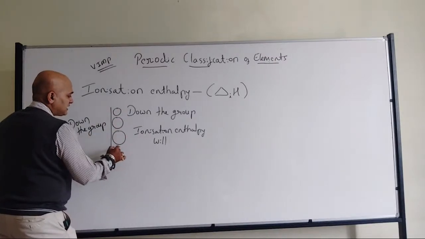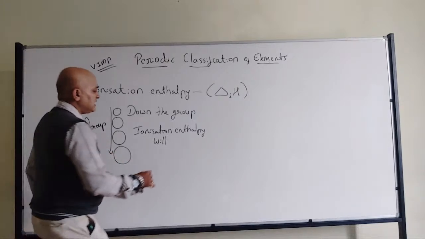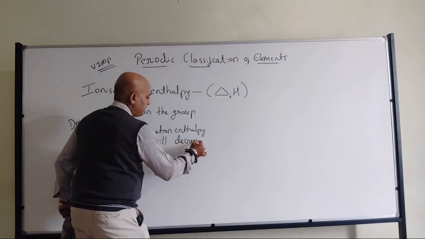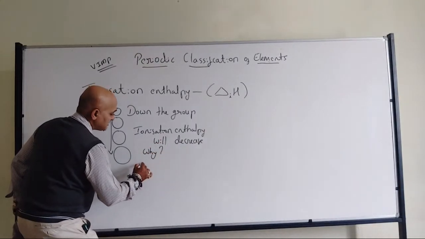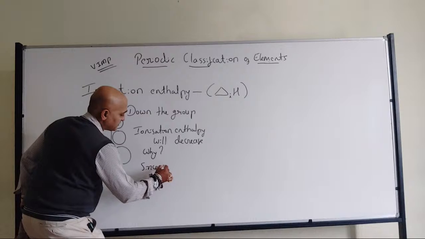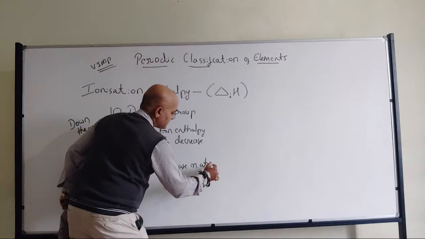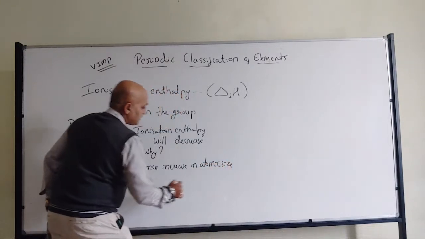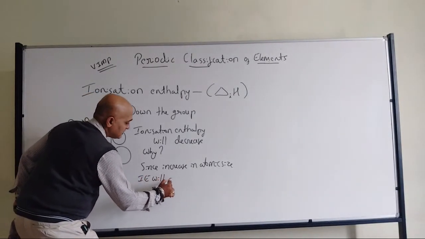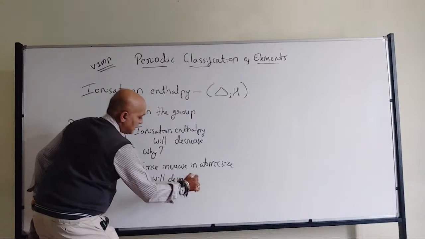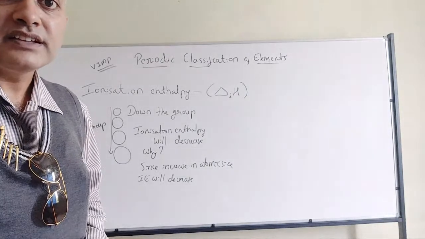As the atomic size increases, ionization enthalpy will decrease. Ionization enthalpy will decrease down the group. Okay? So it should decrease.